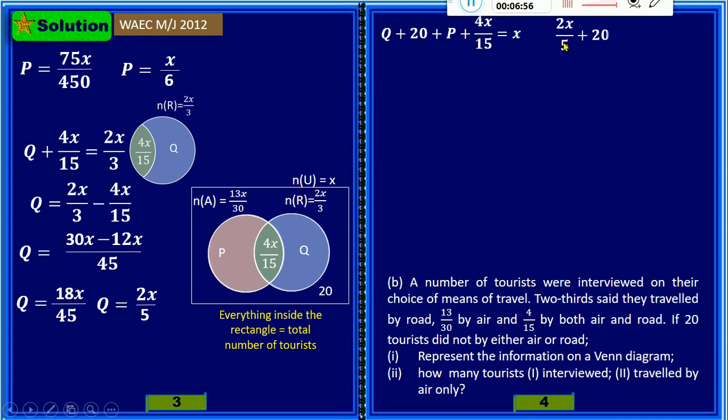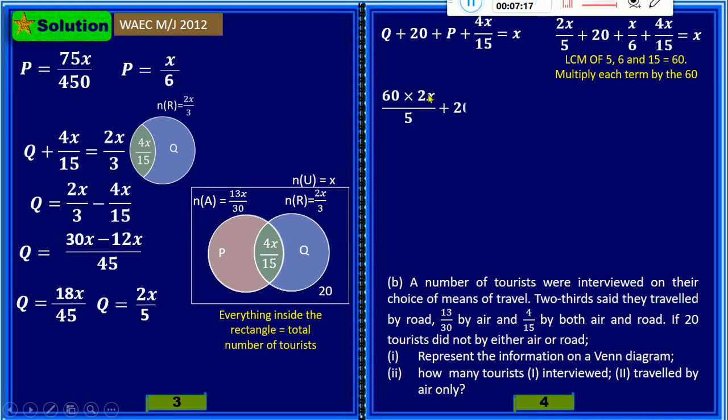Simplifying this, looking at it, you can see the LCM of 5, 6 and 15 is 60. So we are going to multiply each term here by the LCM. That gives us 60 times 2x over 5, 20 times 60, 60 times x over 6, 60 times 4x over 15, and then 60 times x. We are going to simplify that.